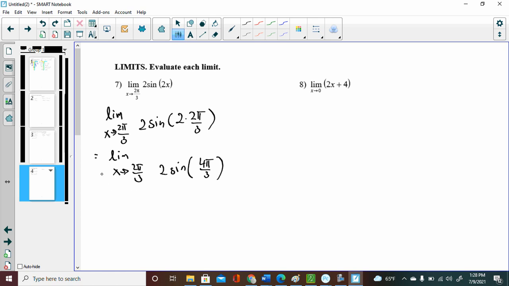And if you look at the unit circle, it's just 2 times negative square root of 3 over 2. These cancel, and this limit equals negative square root of 3. Over here, just substitute 0 in, and I get 4. Okay? And that's all she wrote.